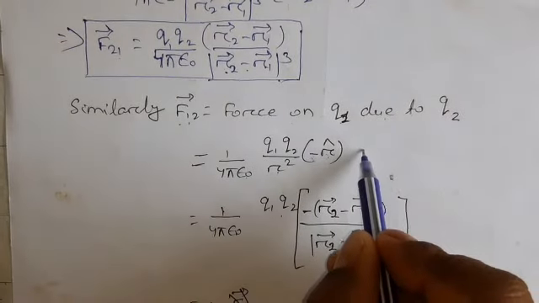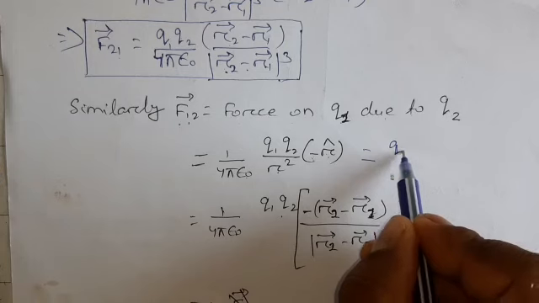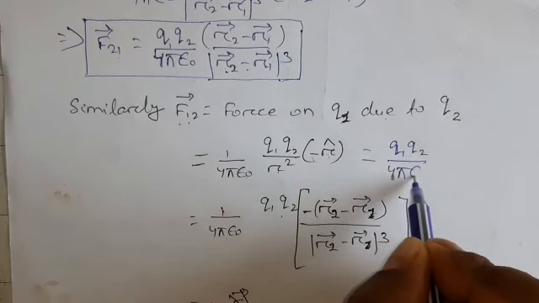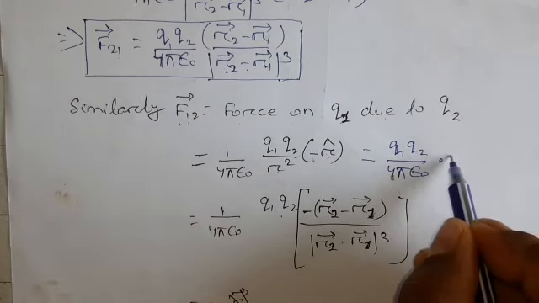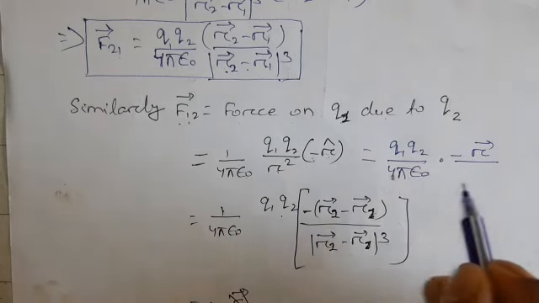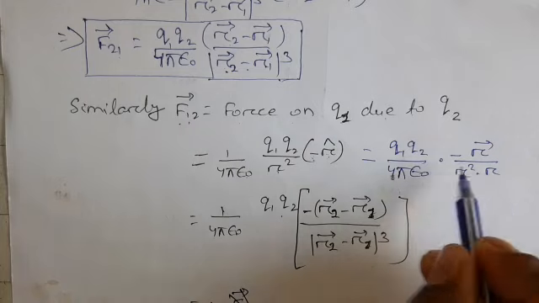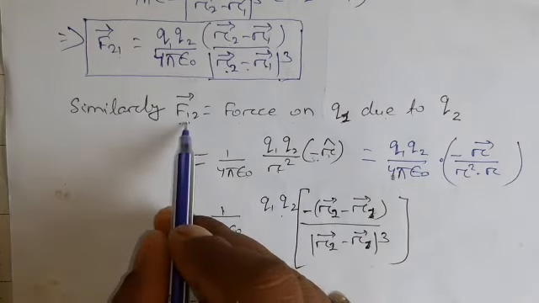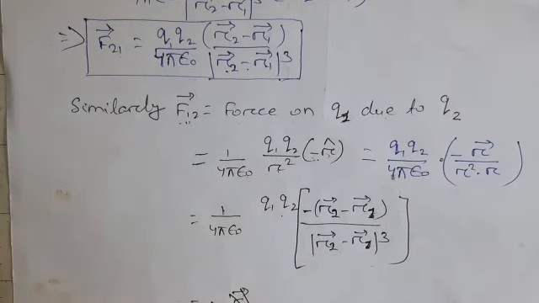So here I will write Q1 Q2 by 4 pi epsilon naught, minus R vector by R square into R, because R vector by R is equal to R cap, and I have written here minus sign because the F12 direction is opposite to the direction of displacement vector R vector.